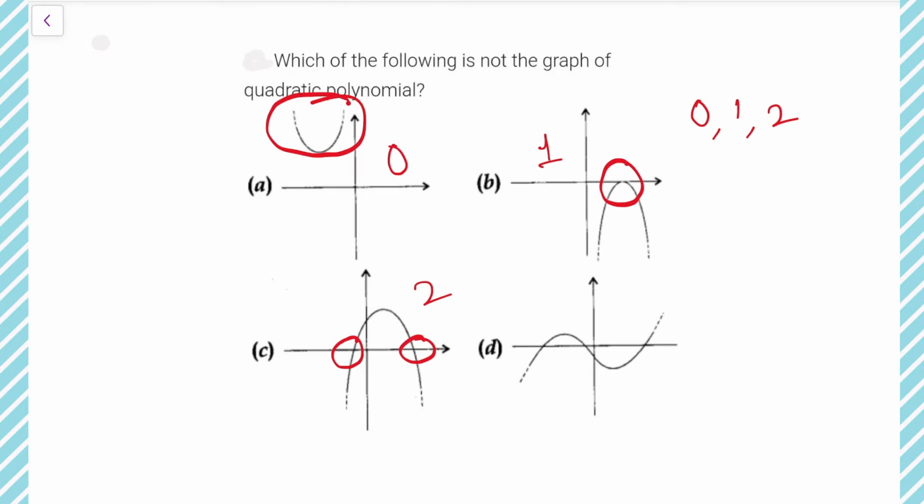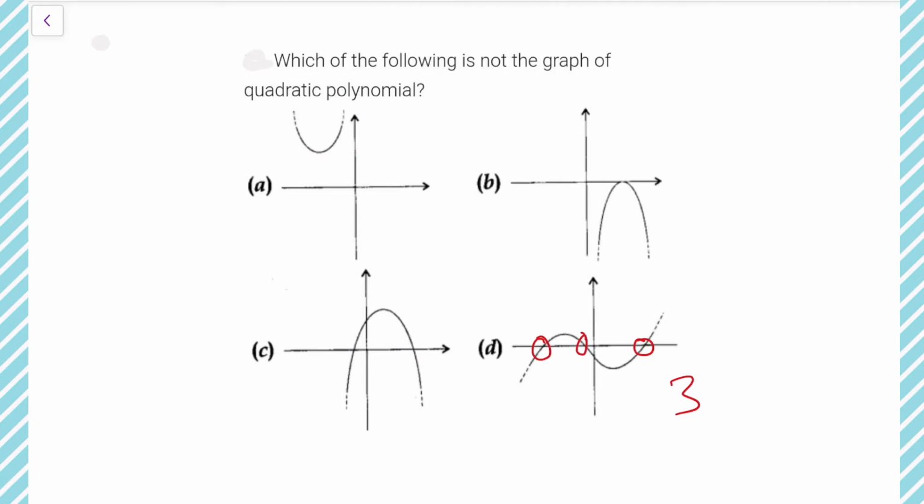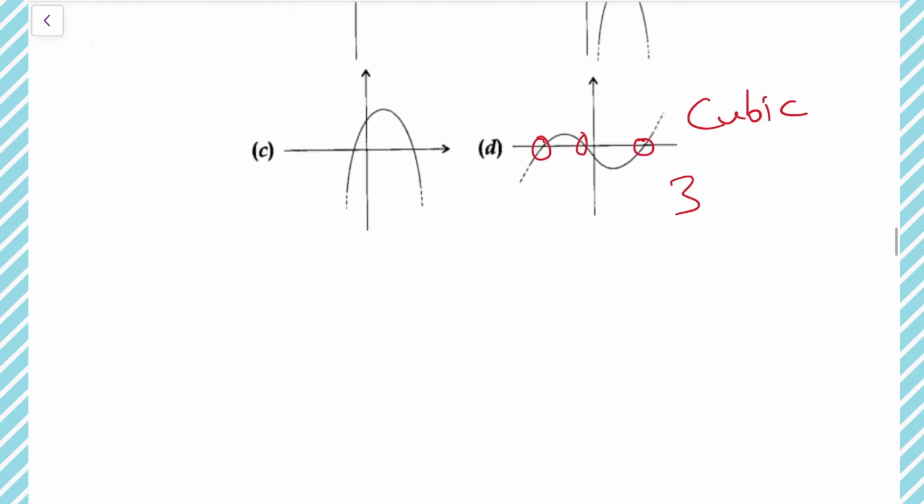And the last graph is touching at 1, 2 and 3, so it will be having 3 zeros. So if 3 zeros are there, it is considered a cubic polynomial but not quadratic polynomial. So this last graph is not a quadratic polynomial, it is simply a cubic polynomial.